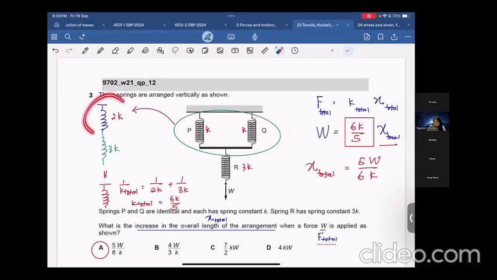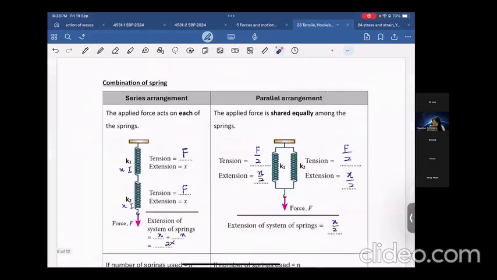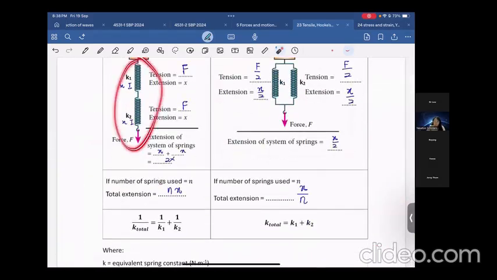After I get 2K, this is a single spring. It will form another series with another spring. If 2 springs are in series, we use this formula: 1 over K equals 1 over K1 plus 1 over K2. So far so well? Okay, Kai Chen, I use K only. But now, is it okay?